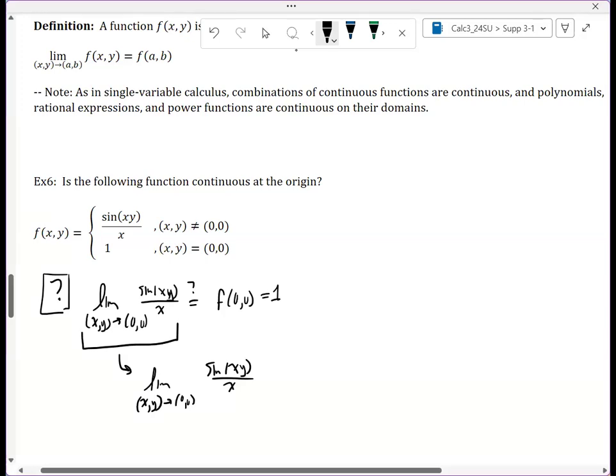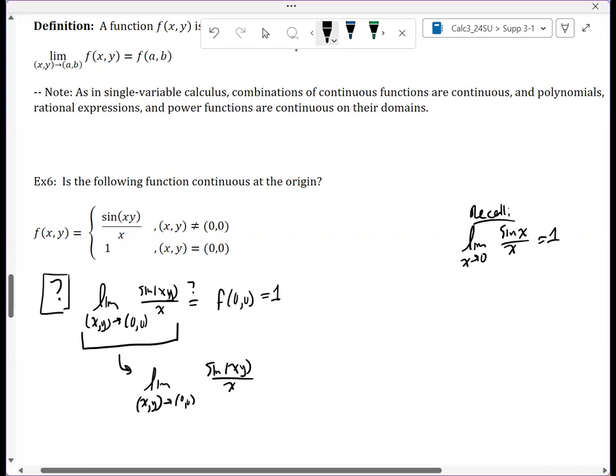I know that something like the limit as x goes to 0 of sine of x over x, that's a recognizable limit. That's 1. That's kind of a standard limit that we've come across in Calc 1 before. Again, go back and review that in Chapter 2 if that doesn't sound familiar. So we recall this limit.